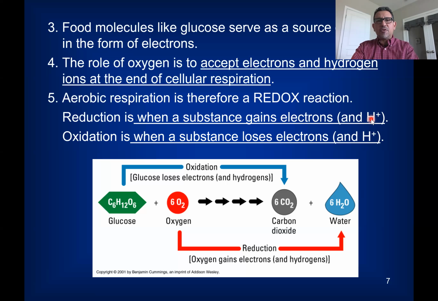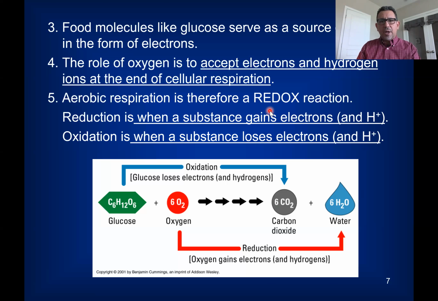And here you have to be mindful that when you think about reduction in everyday life, you think about something getting smaller or you're getting less of something. Here in this case, reduction means a lowering of the negativity of a molecule, but in reality, reduction means that something is gaining. It's gaining electrons and hydrogen ions.